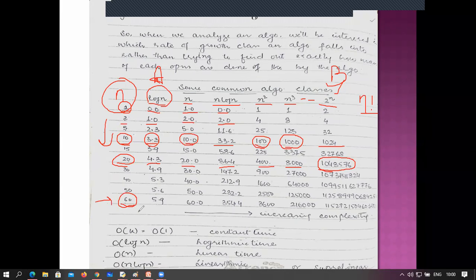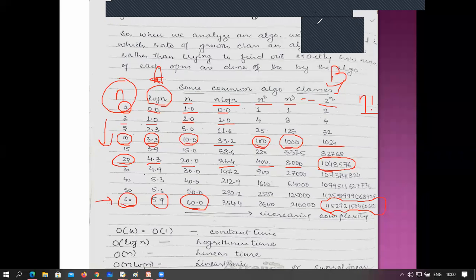But even for 60, if an algorithm's complexity is log n, it is performing around 6 operations. If it is n, it is performing around 60. But if the complexity is 2 raised to power n, you can't count how many operations you need to perform. So you can see this difference.